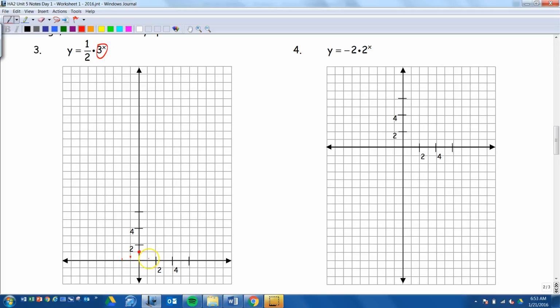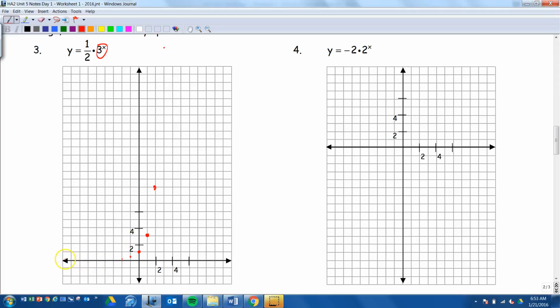When you put 1 in, you're at 3. When you put 2 in, 3 squared is 9. And when you put 3 in, you're all the way at 27. So that would be 10, 24. Okay, it's not even on the graph. So it's like up here.